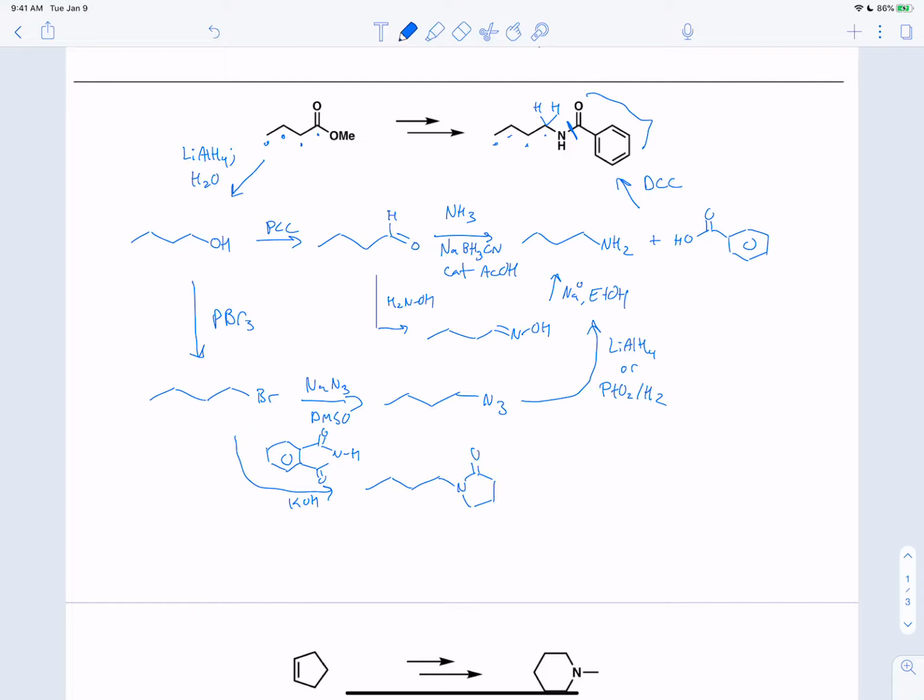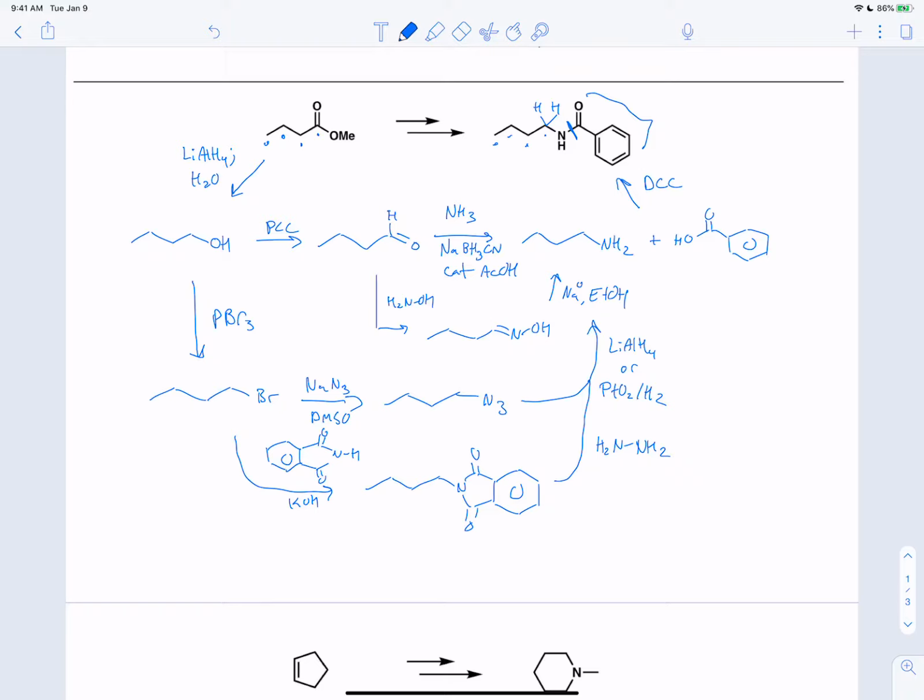This gives us our protected primary amine, which then can also be taken to the primary amine after reacting with hydrazine.